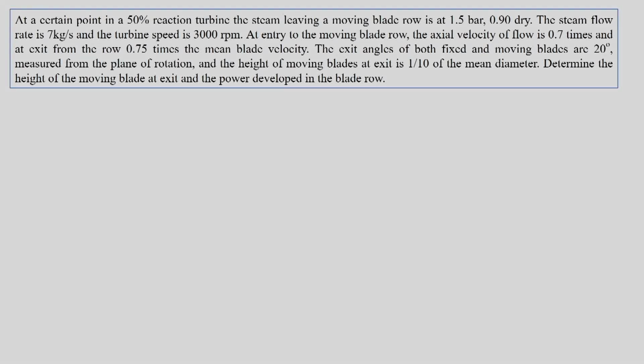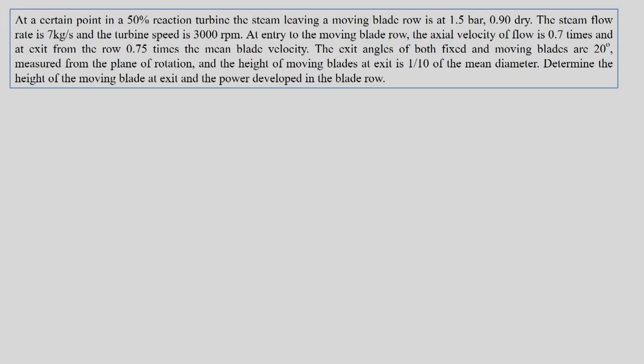At entry to the moving blade row, the axial velocity of the flow is 0.7 times, and at the exit of the row, 0.75 times the mean blade velocity. The exit angles of both fixed and moving blades are 20 degree measured from the plane of rotation, and height of the moving blade at the exit is 1/10 of the mean diameter. Determine the height of the moving blade at the exit and power developed in the blade row.